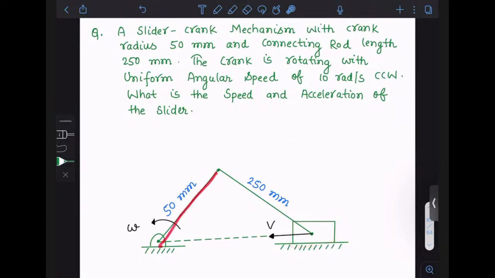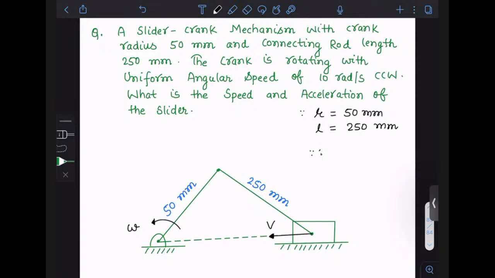Here, you know very well that this smaller part is your radius. This is your length of the connecting rod. Sometimes you get confused, so always the smaller value is the radius, and this is your length of the connecting rod. So here you can say that R is 50 mm, L is 250 mm.